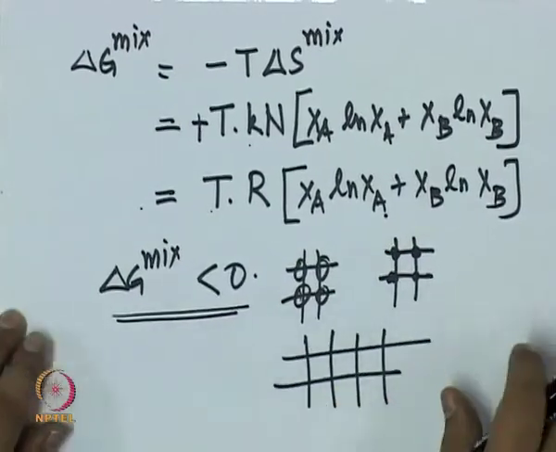Now, let us discuss the next model, which is slightly more complicated than the ideal solution model that we have discussed till now, but we are going to introduce some approximations which can sometimes be questionable. So, I am going to tell you what those approximations are, and I am also going to show you how the expression is derived.